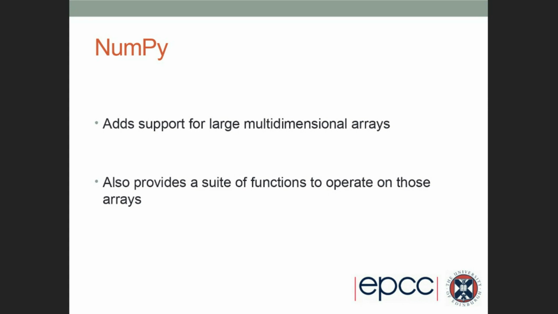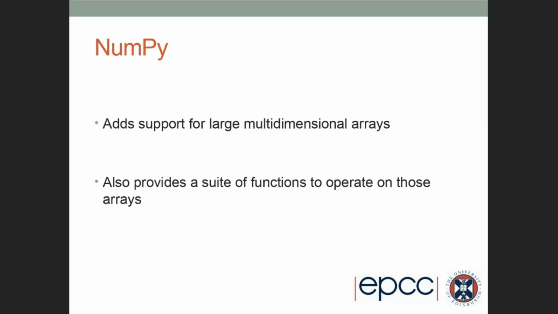So NumPy adds support for large multi-dimensional arrays. One of the issues that people often run into with Python is that it doesn't provide by default any arrays. Python uses lists instead, and lists often have performance issues. This is largely because of their flexibility.